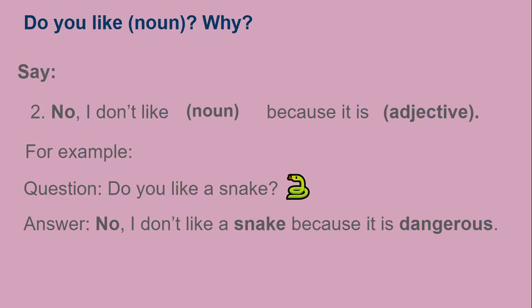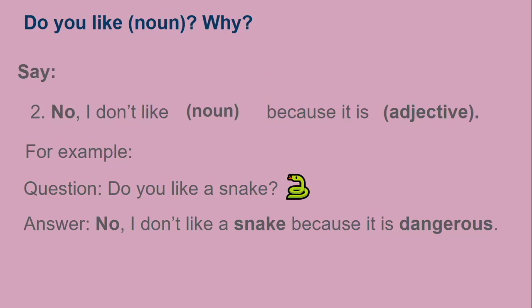Thirdly, we looked at the common types of adjectives, such as cute, dangerous, big, small, beautiful, long, and so on.